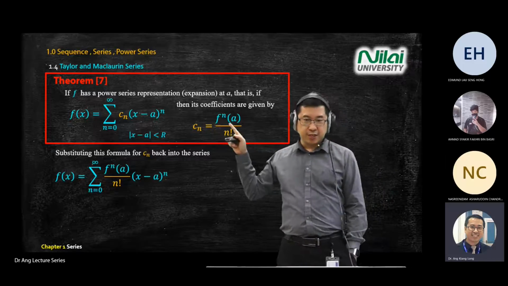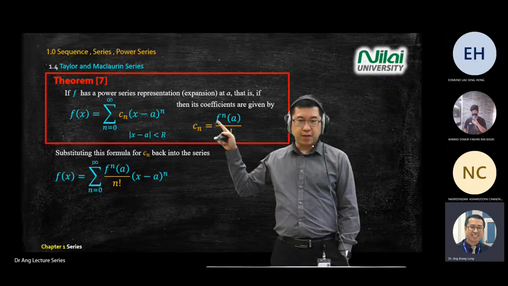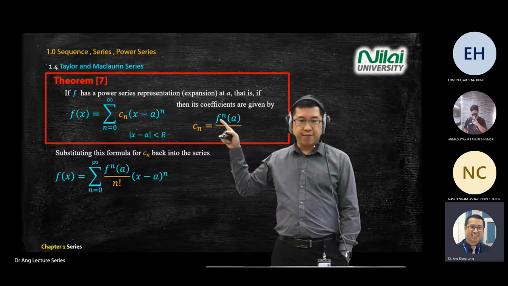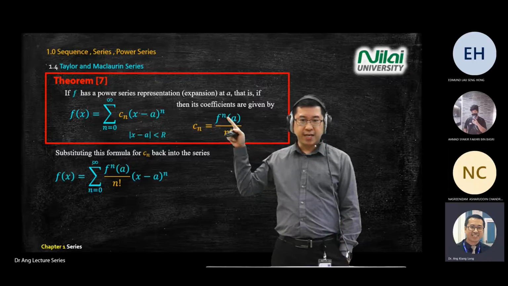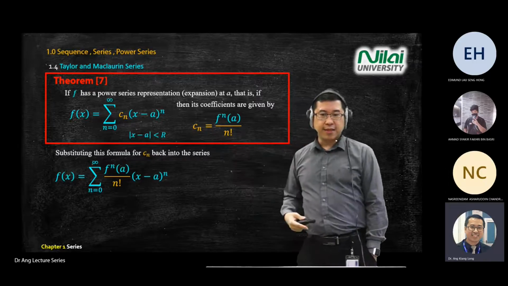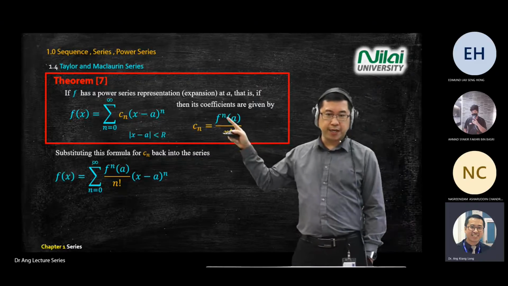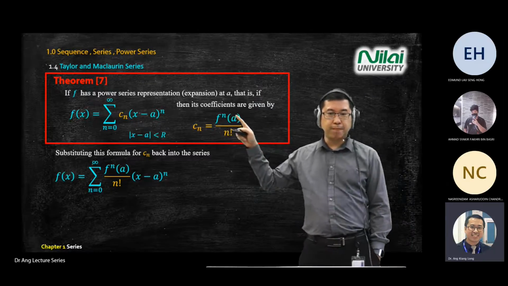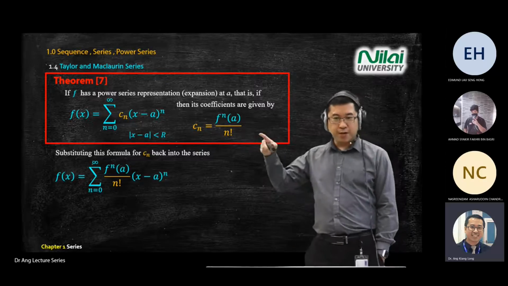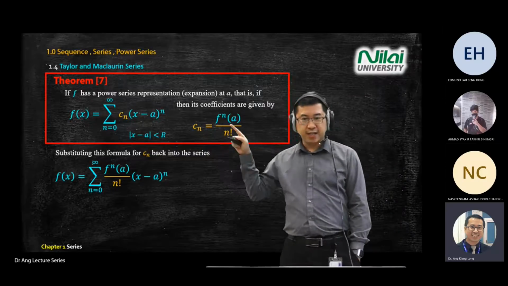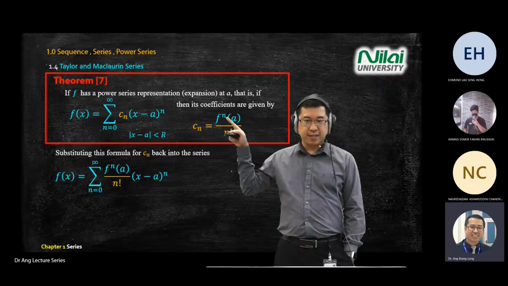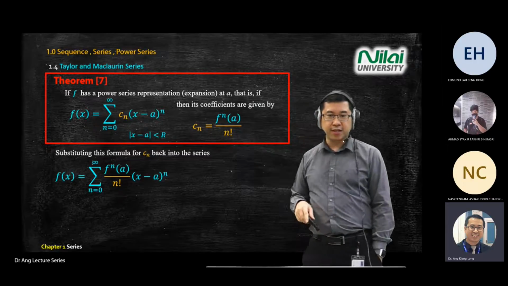This small n here is the number of differentiations. You differentiate how many times? It's not a normal exponential power, so take note of that. This is how many times you differentiate the function.